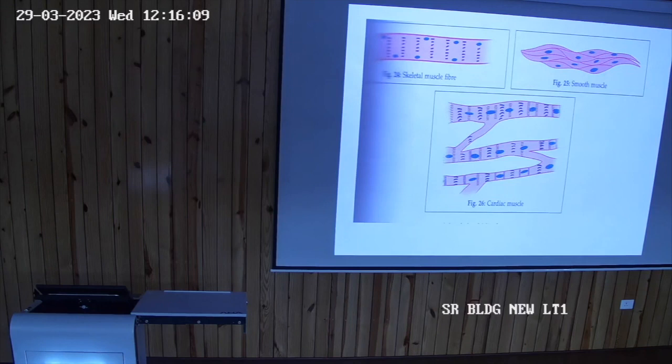They are 1 or 2 in each muscle fiber. Their position is different. It is centrally present. And besides all these, the cardiac muscle fibers are branched. Because of that, I am telling you to underline no branching in the skeletal muscle fiber.